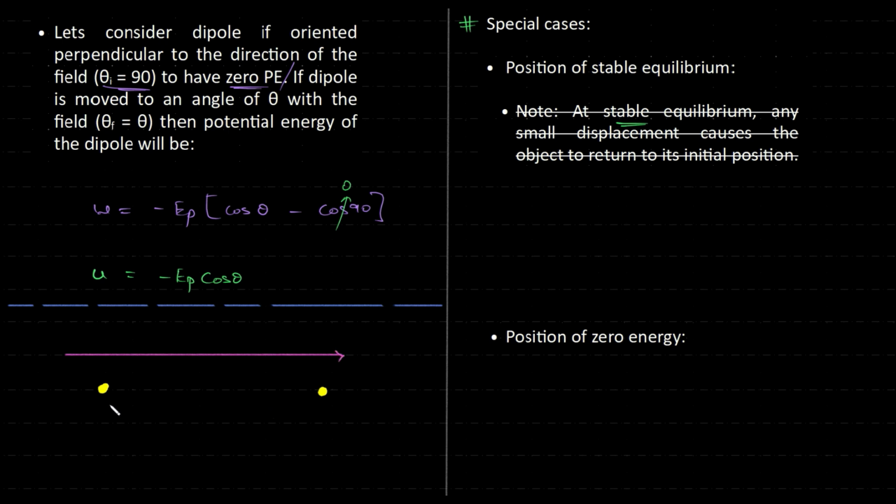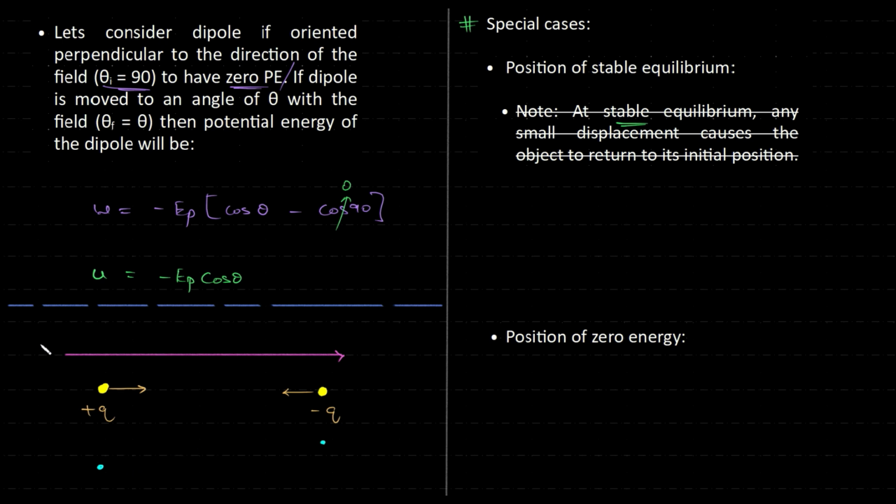Now, say this is positive Q and this is negative Q. This will get pushed to the right and that is going to get pulled to the left. I was wrong for a moment; what I told initially was right. Now, if I displace this a bit to the left and right, either way.